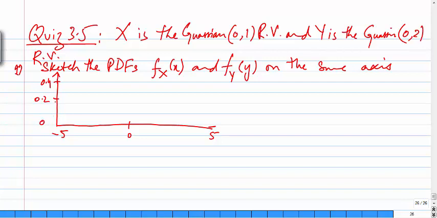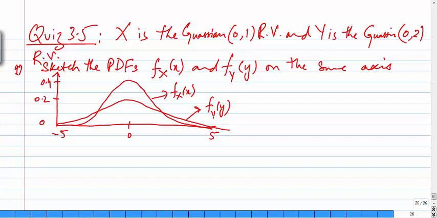The first one will start here and go up to here. This is for f of x. The second one has more spread, so it will start here with the same mean value. This is for f of y, because they both have the same mean value, but only the standard deviation or dispersion is different. So y has more spread than x.